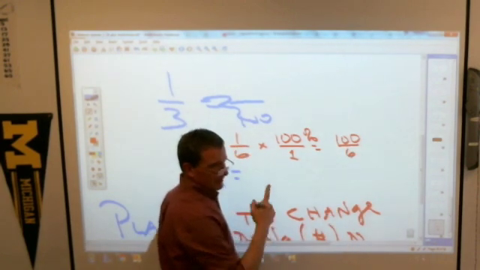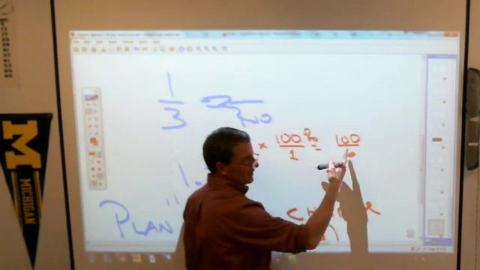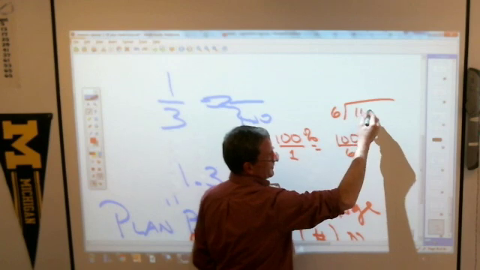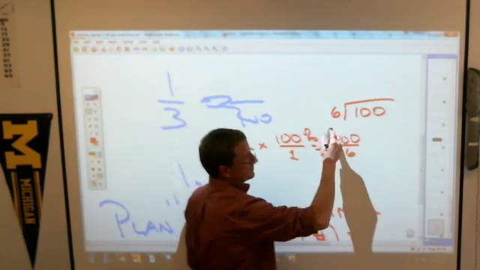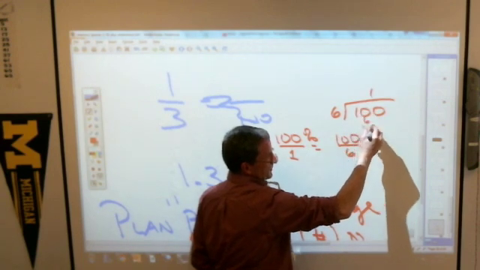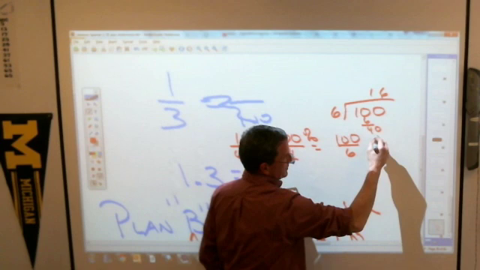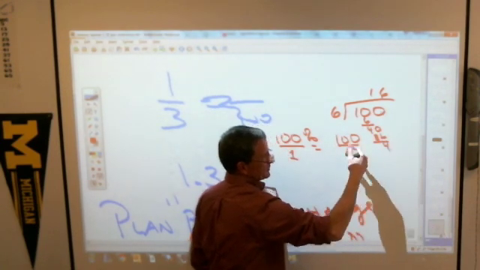And unfortunately, that's why this is your last resort, because now you still have to do some work, because what do I have to do? I have to divide my 6 into 100. And it's not going to be pretty, that's why it's not easy to do. 6 goes into 10 once. 6 goes into 40 6 times, that's 36. And I ran out of numbers here, so I make a fraction out of this.